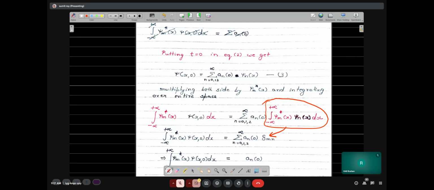Yes sir. So this will reduce into this delta function. Which delta function is this? Kronecker delta. So this is the Kronecker delta function, which is written as delta mn.